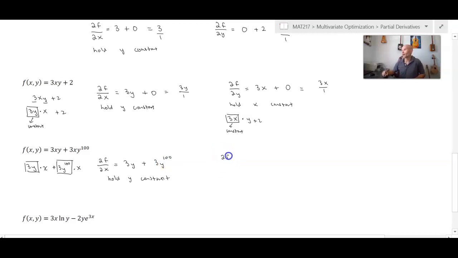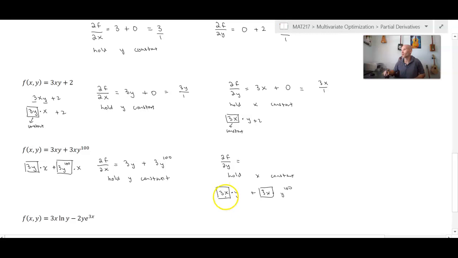Let's do df dy. We're going to hold x constant. And again, what I'll choose to do here is write this as 3x times y plus 3x times y to the 100th. So anything involving x and any numerical values will be constants.